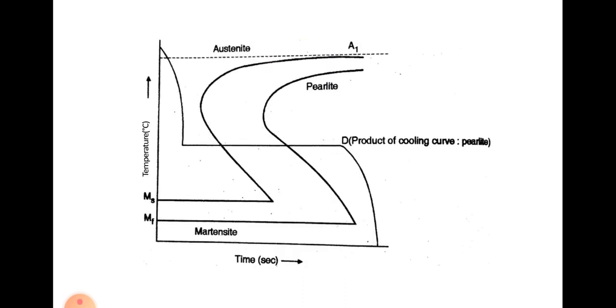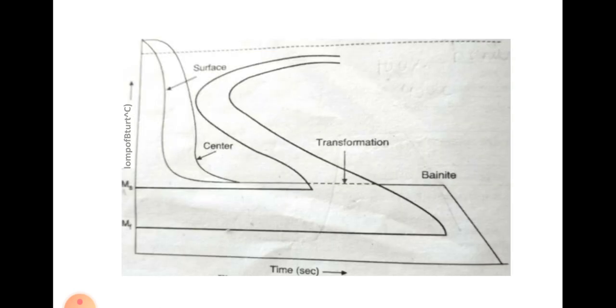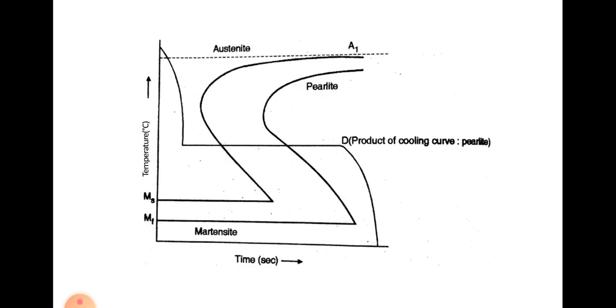If the cooling above the nose shows the pearlite portion, then that is called patenting. That is the difference between patenting and austempering. Austempering gives bainite formation due to the slow cooling along the curve, and patenting gives pearlite when cooled from above.